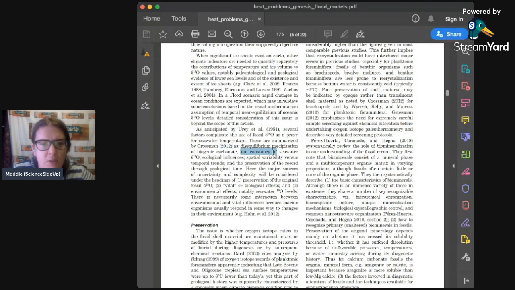Then the consistency of seawater oxygen 18. There's probably an assumption built into those paleoclimate records that oxygen 18 is equally mixed planetary wide, and there are going to be places where that's not true, right? But is it not true in a significant way is the question.